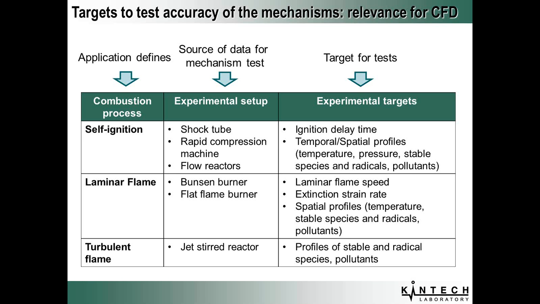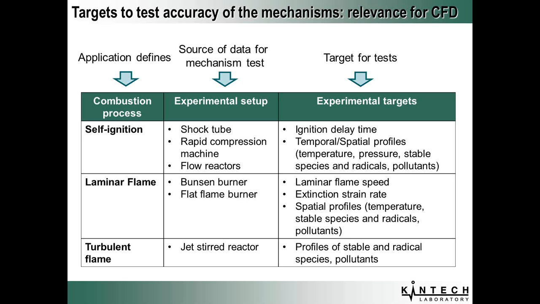Here I have put information about experimental methods which are concentrated on investigation of the pure chemical kinetics effects, with reduced effects of hydrodynamics or heat transfer, which is usually encountered in practical applications like engines, turbines, boilers, and so on.